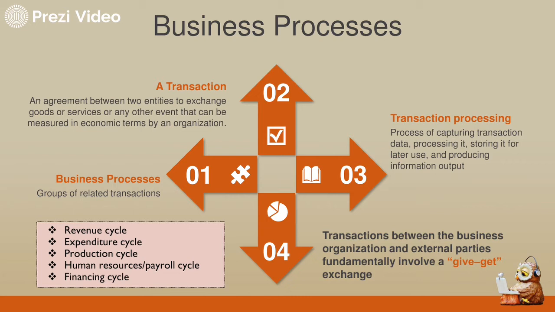Okay, so business processes or transaction cycles can be grouped into 5 major cycles. They are the revenue cycle, expenditure cycle, production cycle, human resource payroll cycle, and financing cycle.